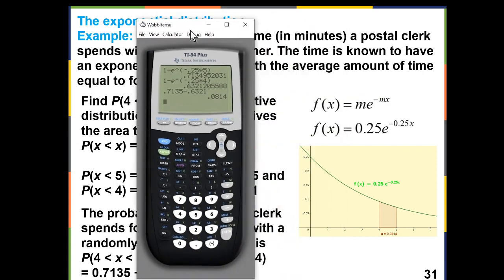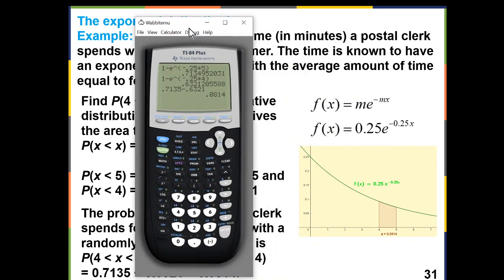You see, I can just do calculus with the calculator easily. All I have to do is go to y equals and put the function in there, the PDF, the probability density function. So I'm going to put 0.25 and then go get the e to something and negative 0.25x, right?